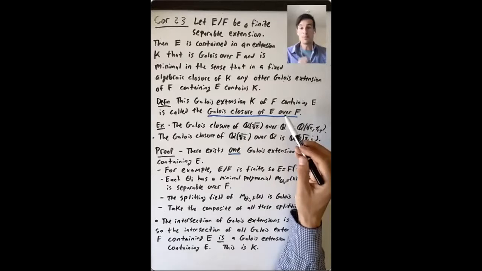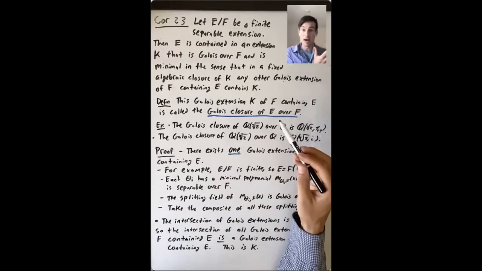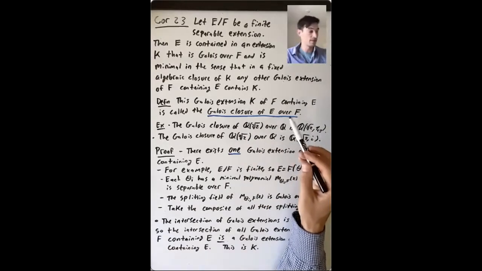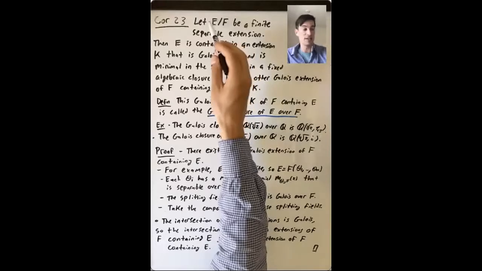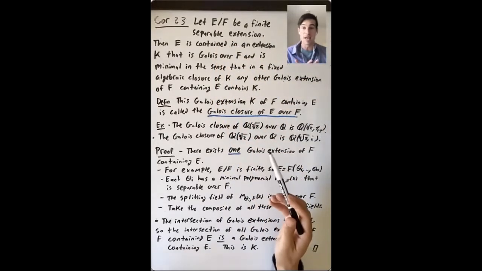So what's one big idea in Galois theory is that we've been able to study extensions that are Galois by looking at the Galois group, that's some finite group, and looking at the correspondence between subgroups of the Galois group and intermediate field extensions. When you have an extension E over F that's not Galois, you just can't do that.